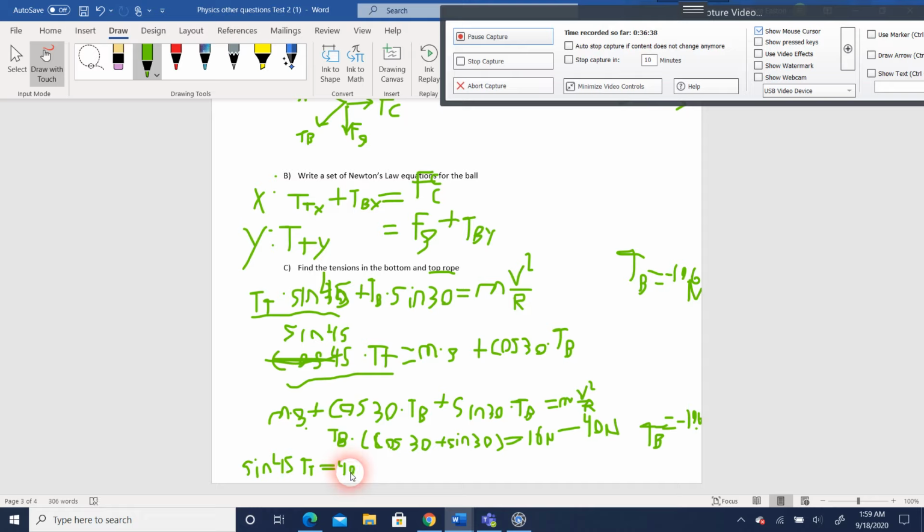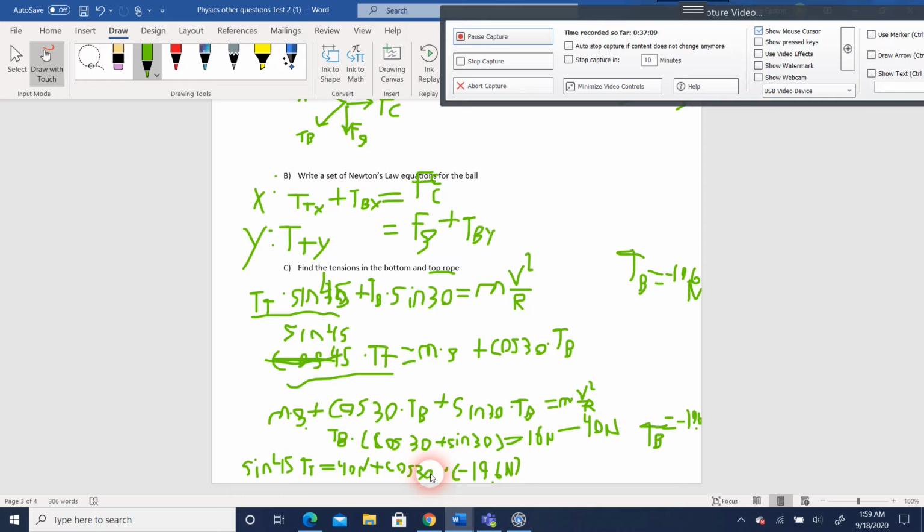We decided it was 40 newtons because I was lazy. And then plus cosine 30 multiplied by negative 19.6 newtons.